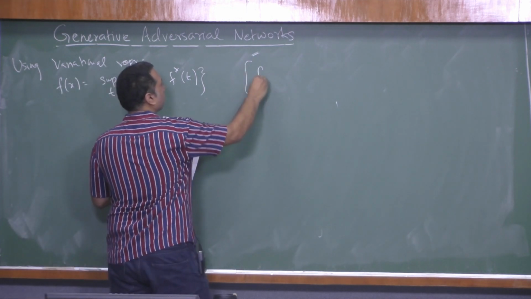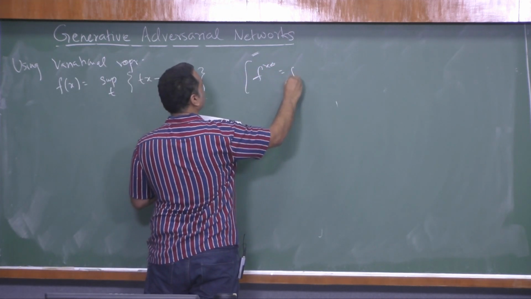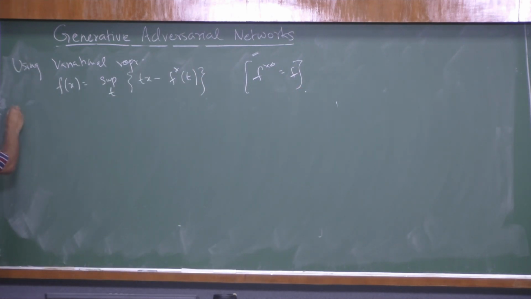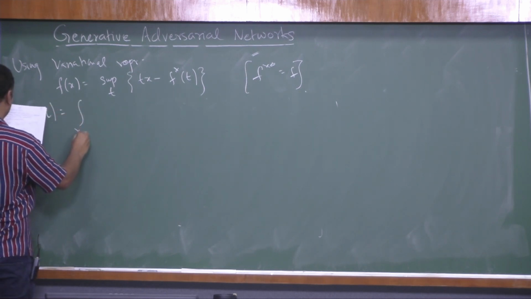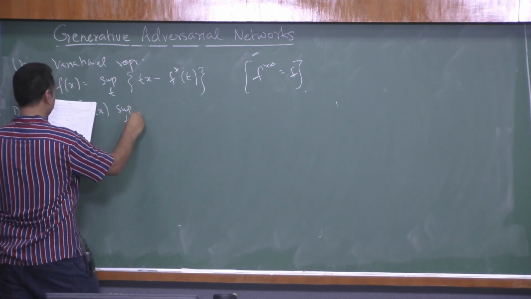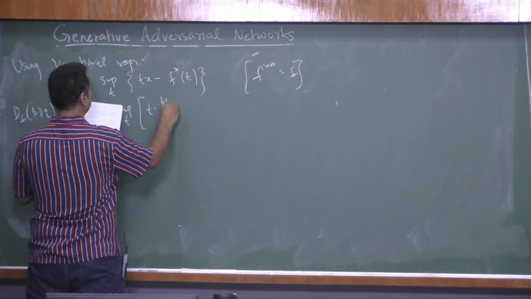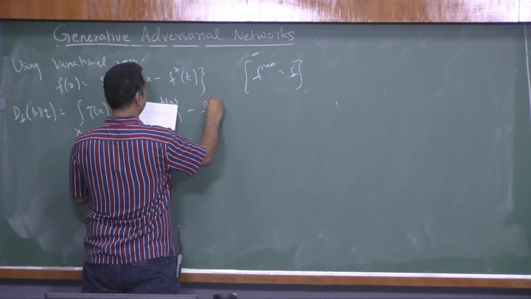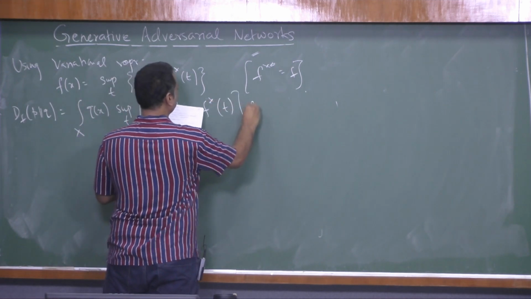We have used the fact that f double star is f. Now we substitute this, so D_f(P||Q) is the integral of q x times the supremum over t of t times p x by q x minus f star t, dx.